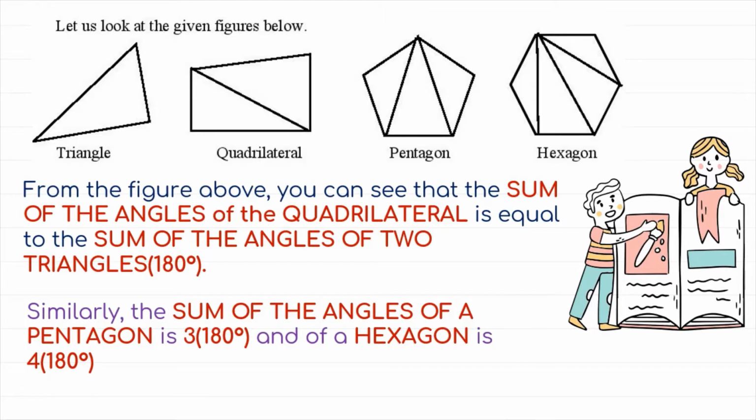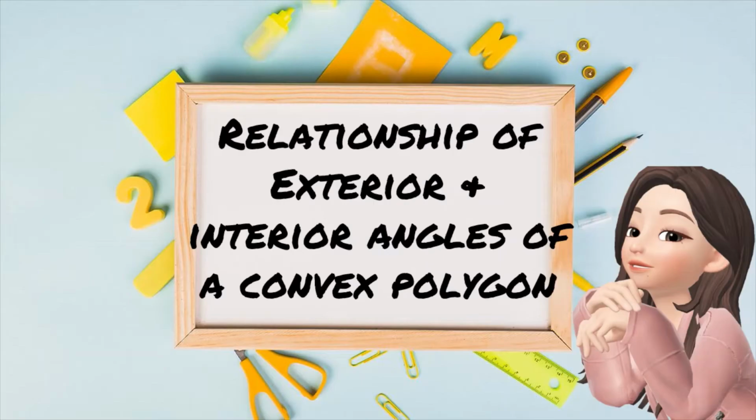So, para mas maintindihan ninyo, yan ang lesson natin, relationship of exterior and interior angles of a convex polygon. Na-explain ko na yung convex polygon before, yung una nating video.